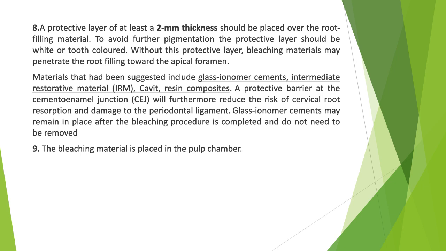So we reduce the root filling 2 millimeters apical to the cemento enamel junction, and then we fill the 2 millimeters apical to the cemento enamel junction with glass ionomer or resin restoration or Cavit or IRM.